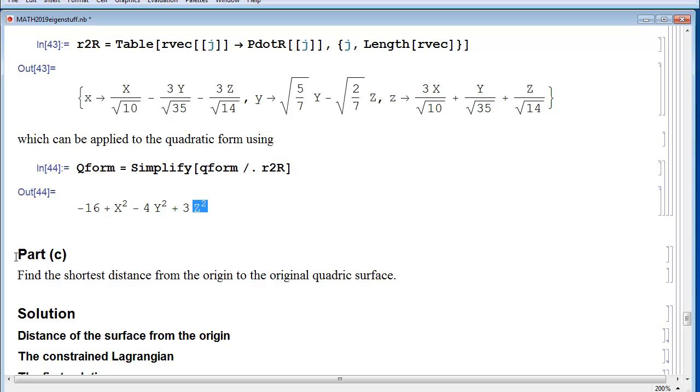Well, that's all very good, and now we want to find the shortest distance from the origin to the original surface. So let's do that.